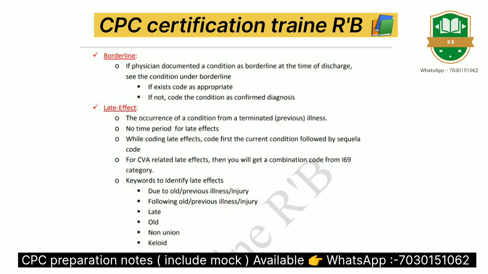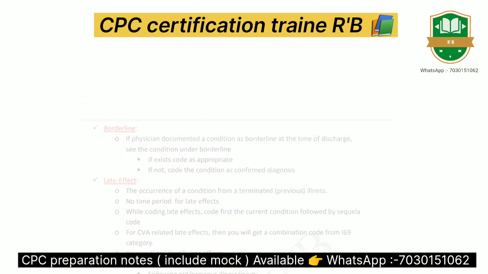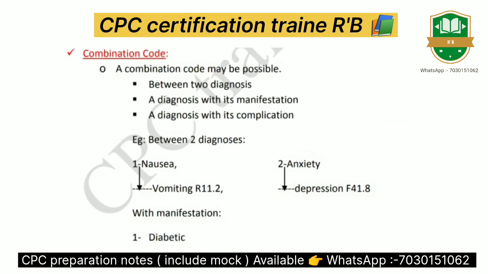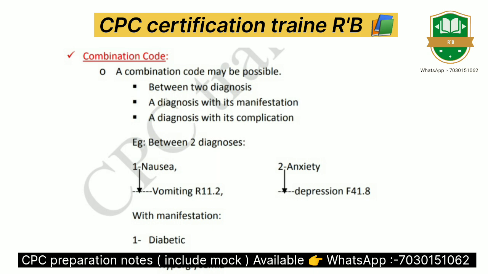Then next, combination code. A combination code is possible between two diagnoses. It means one diagnosis is a manifestation or complication of the other. Then you can go directly to the combination code. For example, nausea with vomiting, anxiety with depression. You can directly open the alphabetical index and check nausea; under nausea see with vomiting.